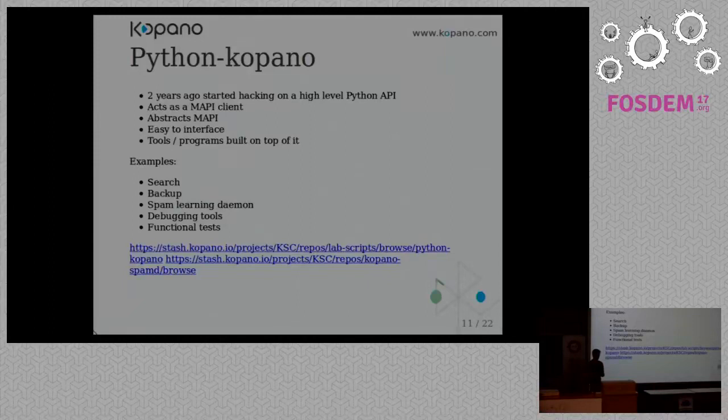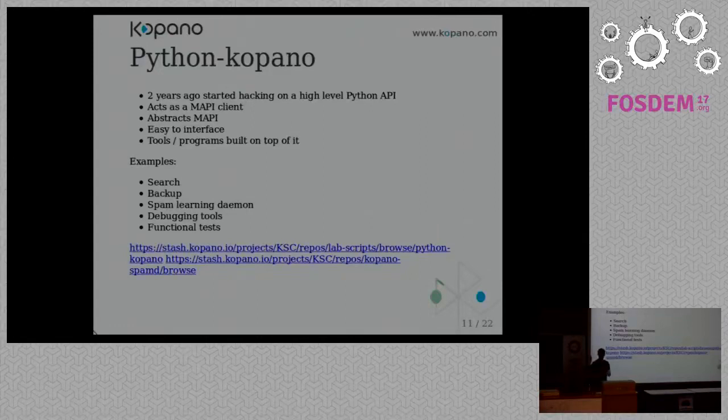We wanted to make it easier for new developers, for externals who want to interface with us, to work with Kopano and to program against it. And because almost every application in our stack is a client of the server, we also made this connector client. It's called Python-Kopano.